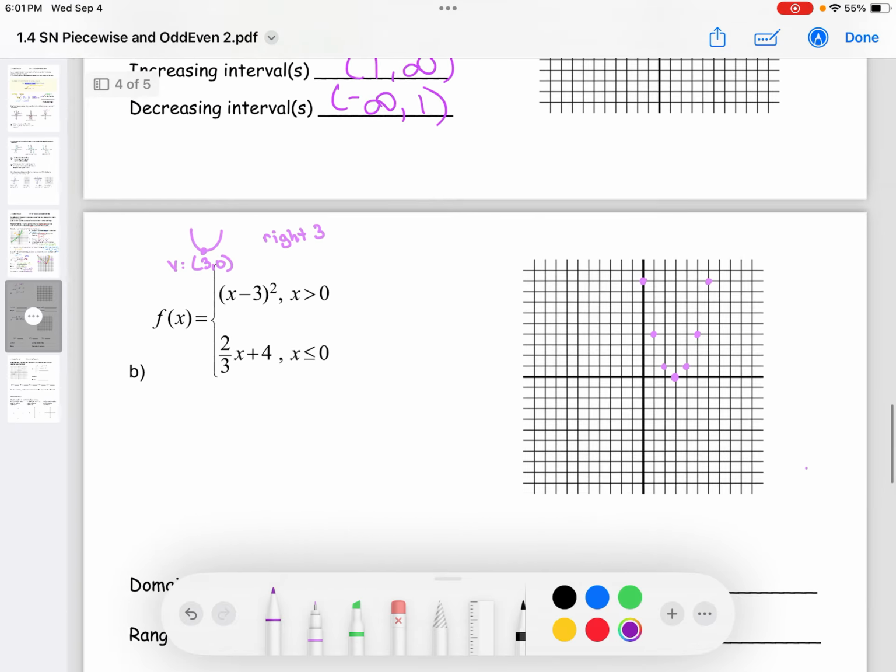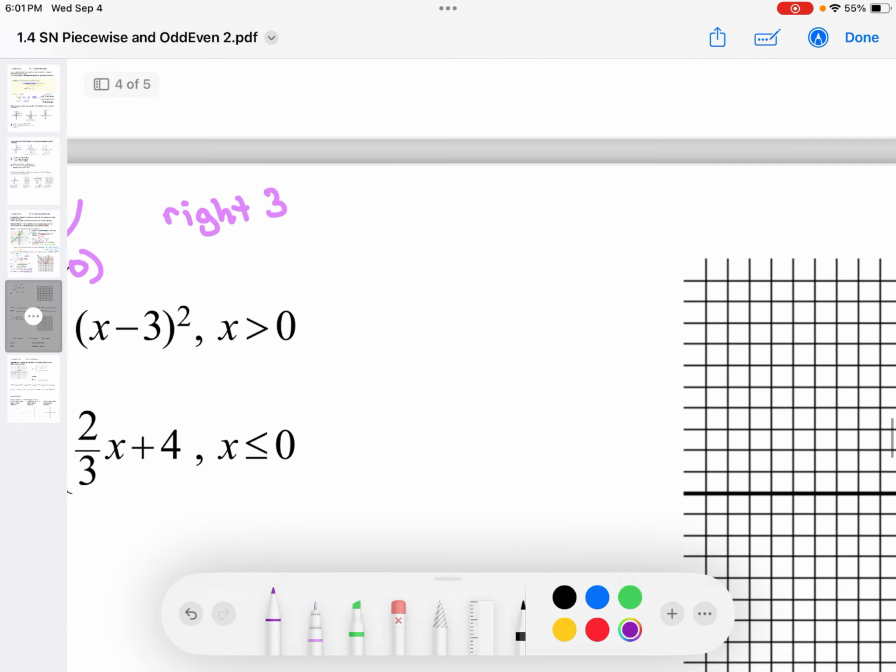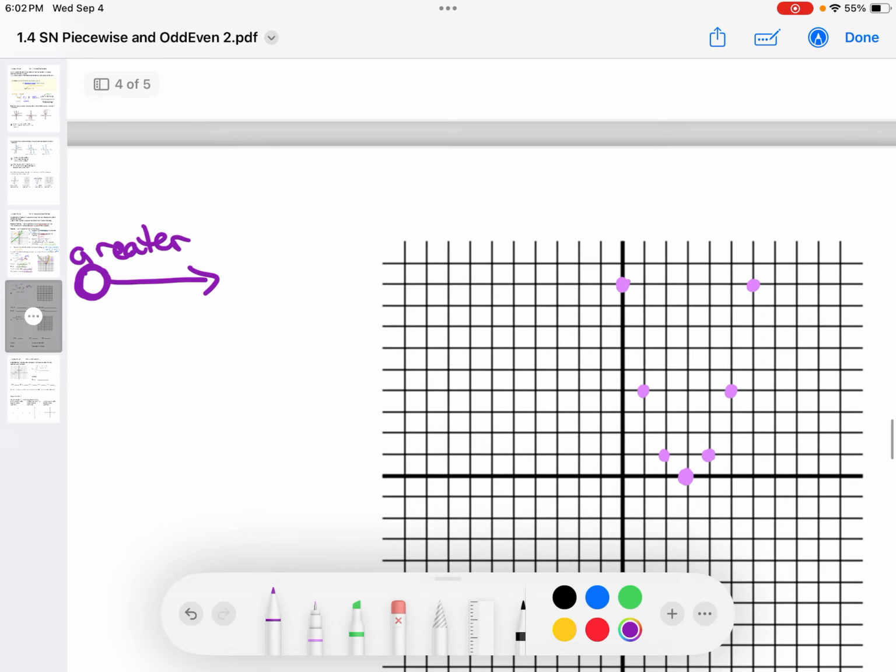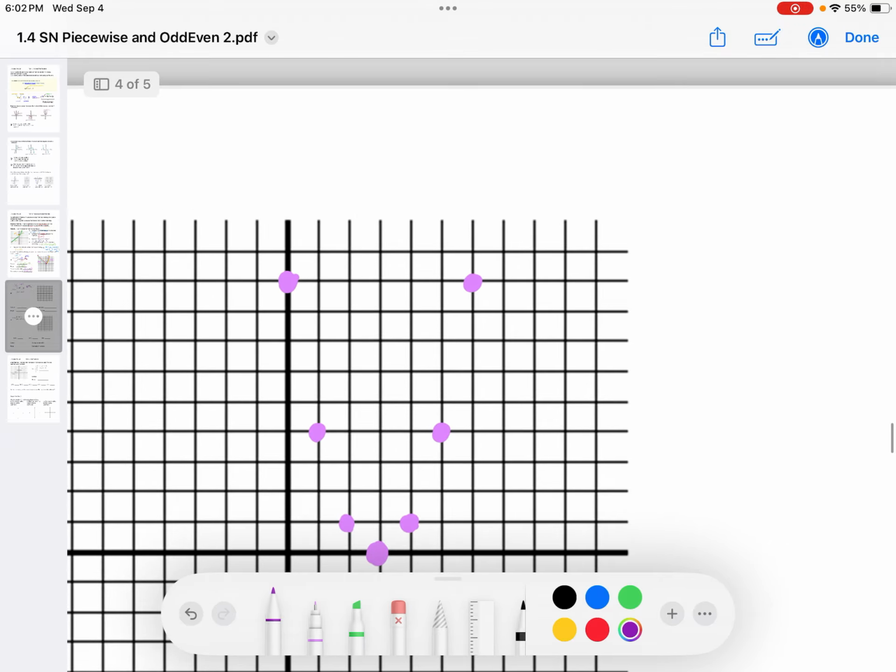Now, the piece of the function that we were using is only x greater than 0. So, because that's a greater than, not a greater than or equal to, we do an open circle. Because it's greater, we go to the right. So we need to find our value where x is 0. Just look at the graph.